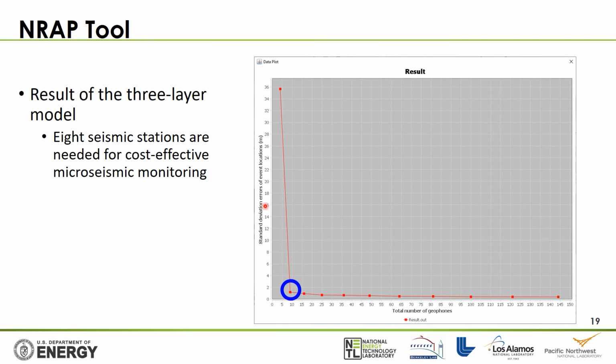This is the standard deviation error of the event location, and this is the total number of geophones. As shown in this figure, you can see that 8 seismic stations are needed for cost-effective microseismic monitoring, because if you increase the number of seismic stations, it doesn't significantly reduce the event location error.